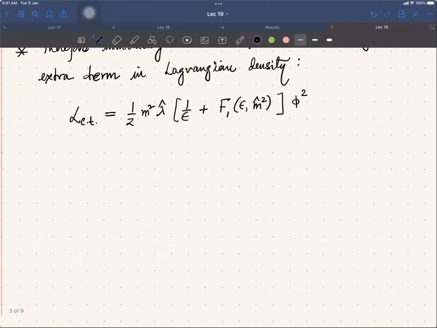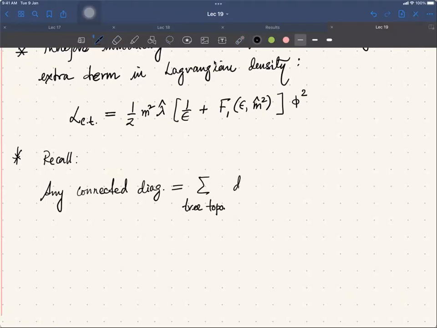So if you now recall that any connected diagram is given by the sum over tree topology of the diagrams constructed out of the connected 2-point function and all these 1PI vertices for n greater than 2.